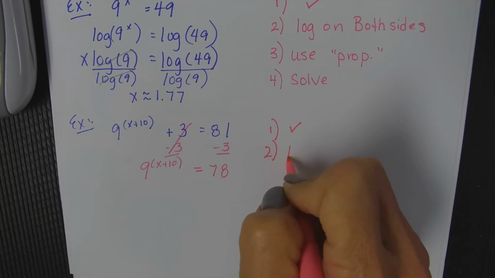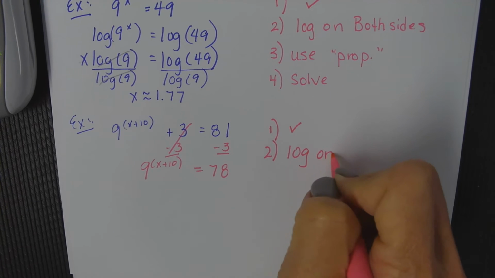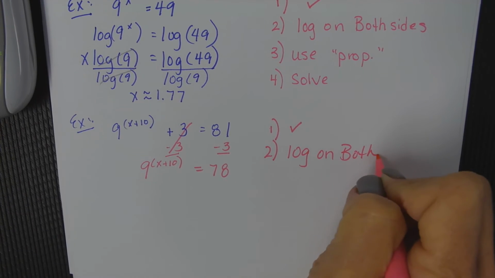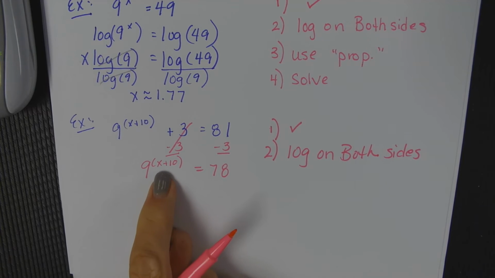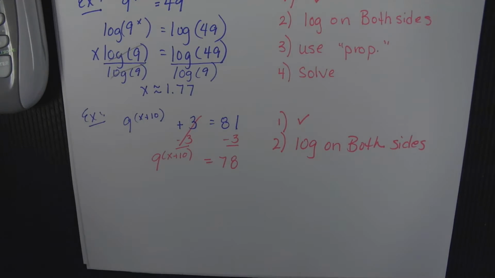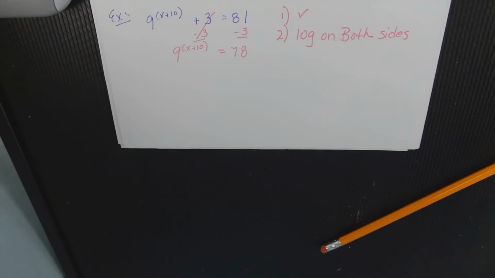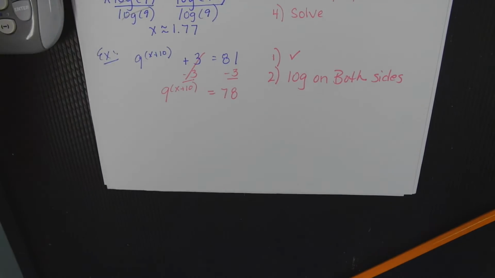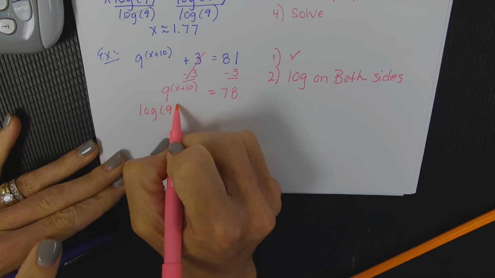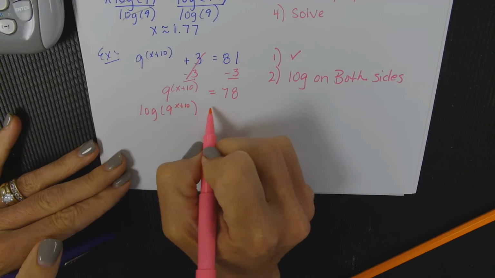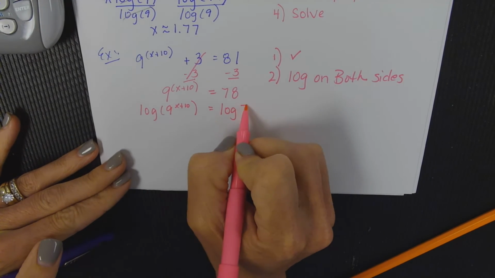Step 2, now do log on both sides. Even though this exponent looks different, I'm treating it the same. So now we have log 9 to the x plus 10 equals log 78.